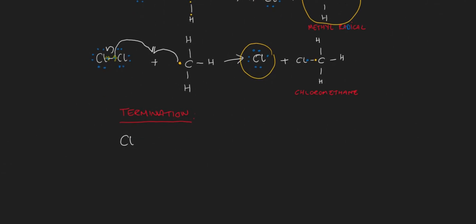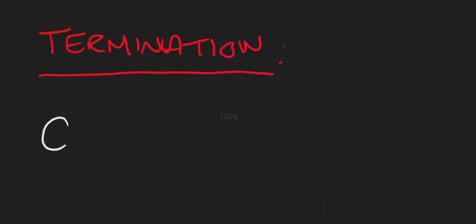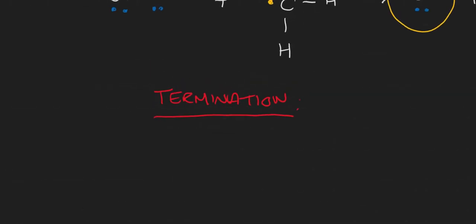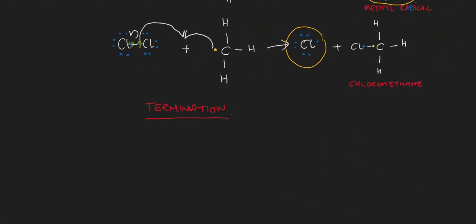Now, our chlorine free radicals can react with each other to form Cl2, or just make it easier for ourselves again, so showing the bonds between. Again, I am showing the electrons. I am identifying the lone electron there that's going to take part in that bond.